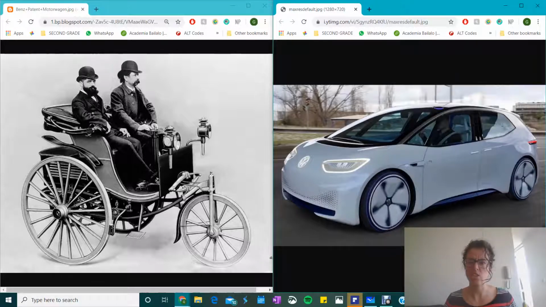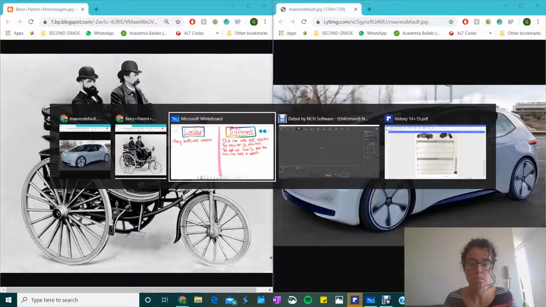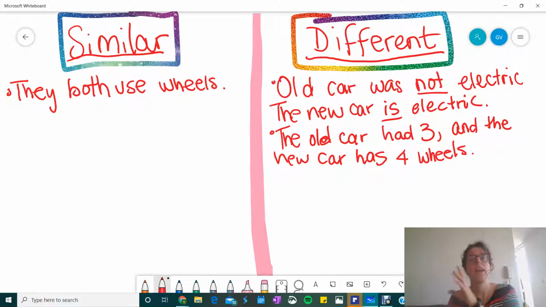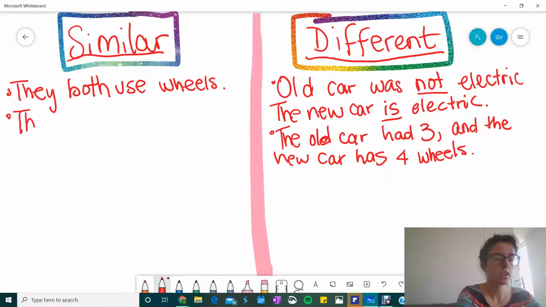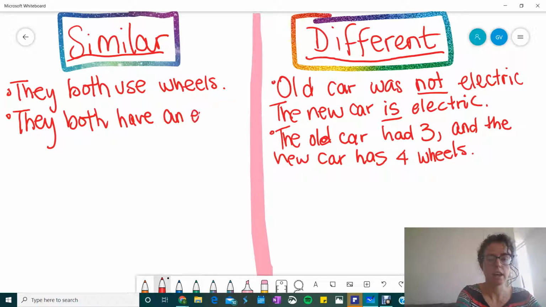Where do you think the engine is in this new car? You know, I'm not 100% sure, but I think the engine is here in the front of the car. So again, that is both something similar and something different. So similar, they both have an engine.